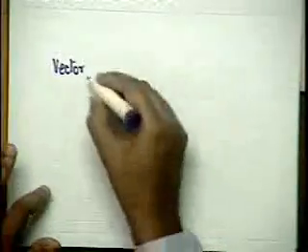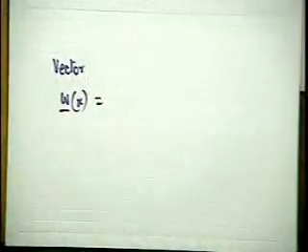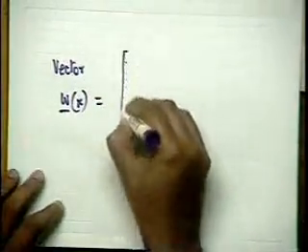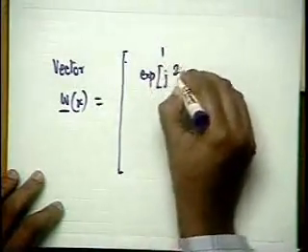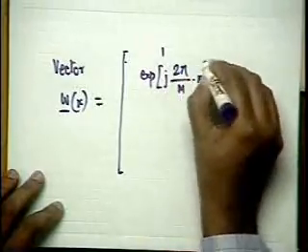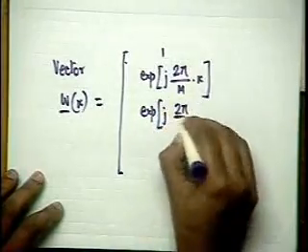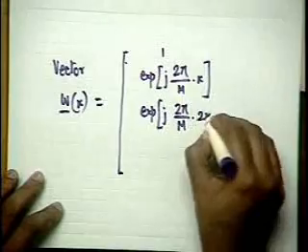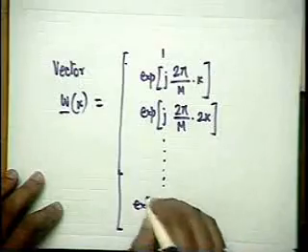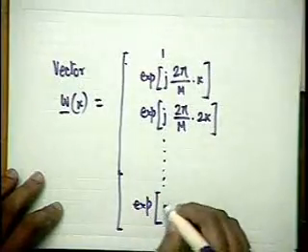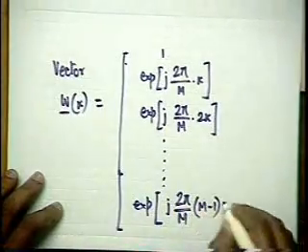The elements of the vector wk are 1, exponential to the power j 2 pi by capital M into k, exponential to the power j 2 pi by capital M into 2k, and so on, and the last element is exponential to the power j 2 pi by m into m-1 into k.